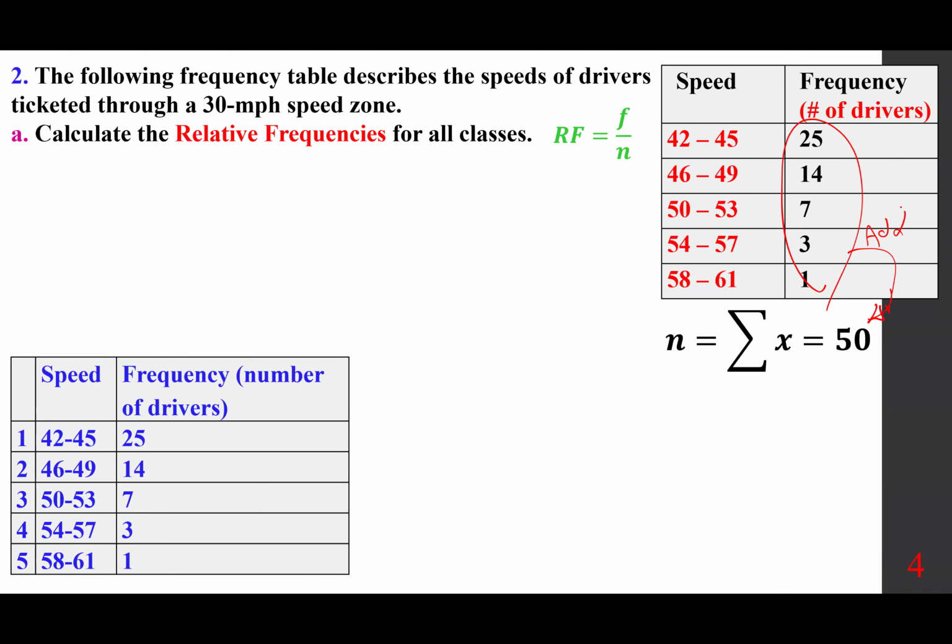So if that is the case, we put a column next to this one. Corresponding to the first one, 25 over 50, or 1/2. The second one, 14 over 50, or 7 over 25. The next ones are 7 over 50, 3 over 50, 1 over 50.